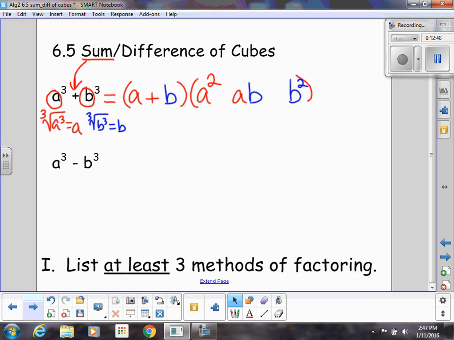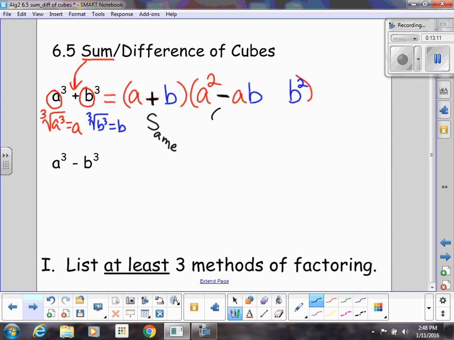Okay, and then like I said, the signs follow this pattern that I call SOAP. The first one we said is always the same, so I'm going to put an S there for same. The second one is always opposite of what the first one was. So here we're doing a sum, so the opposite of sum is minus.